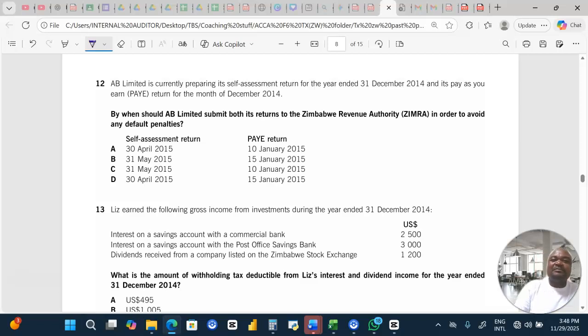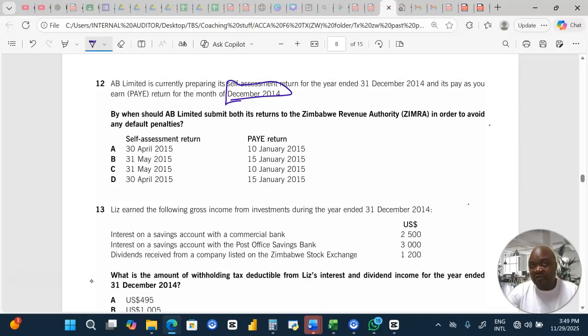All right, remember, PAYE for a month. The month here in question was December. So PAYE for December should be in the hands of ZIMRA by when? So PAYE, guys, is due by the 10th of the month following the month from which it was deducted.